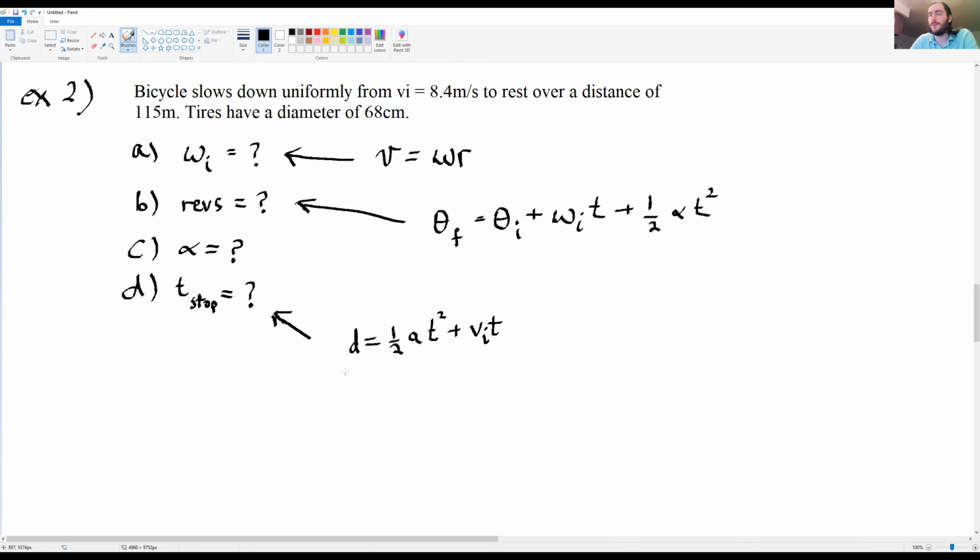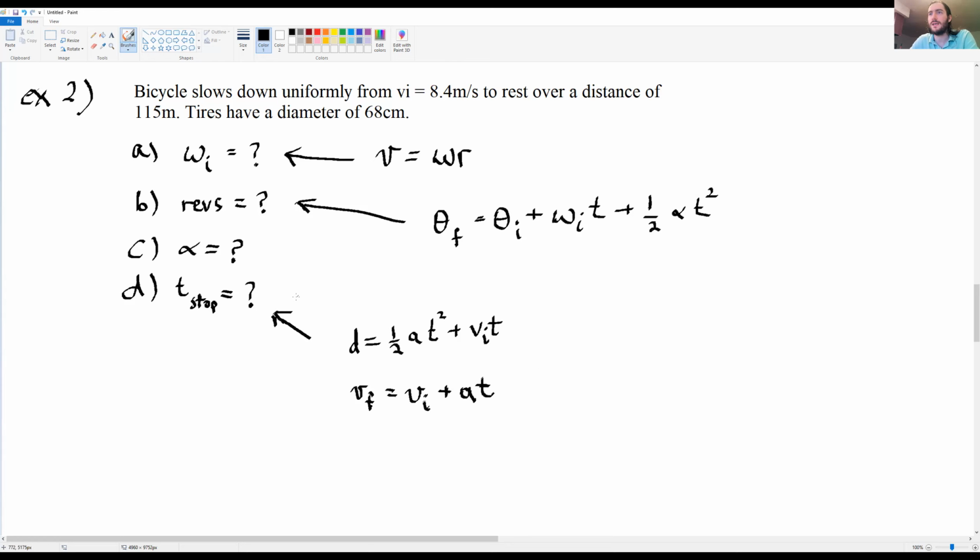And I remember that v final, which in this case would be 0, is equal to v initial plus a times t.